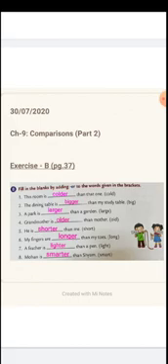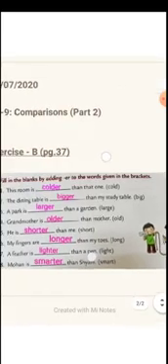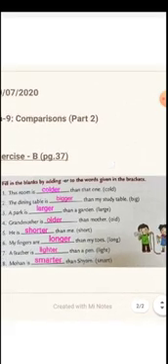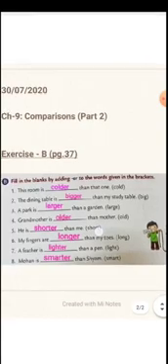So let's read the instruction given here. Fill in the blanks by adding er to the words given in the bracket. So the first question is, describing word is given in the bracket and they are not comparing anything.